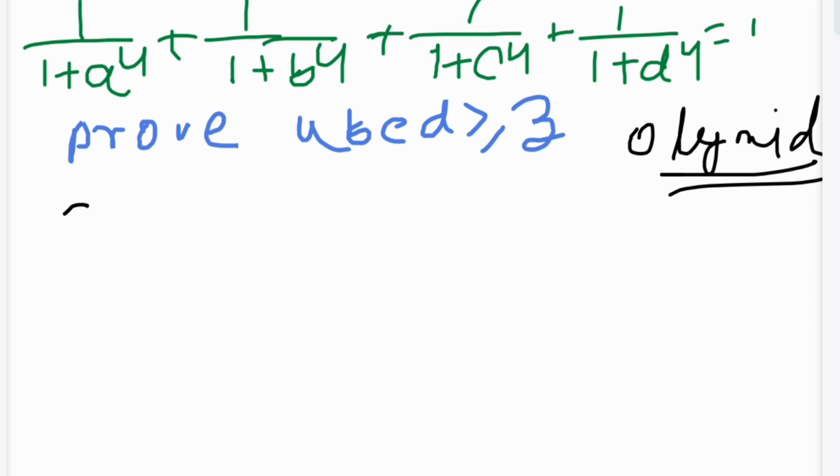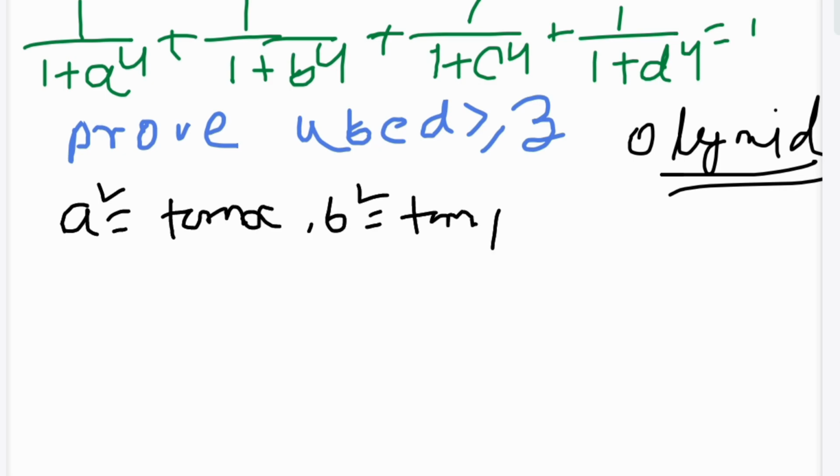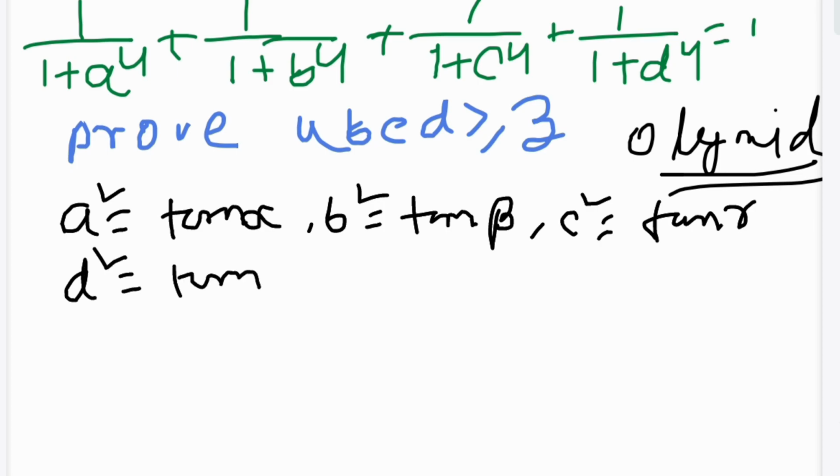So let's call a square equal to tan alpha, b square equal to tan beta, c square equal to tan gamma, and d square equal to tan delta. Here we call it tan, but you can call it tangent as well.